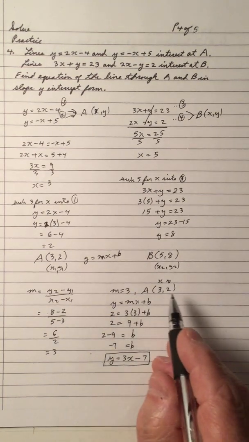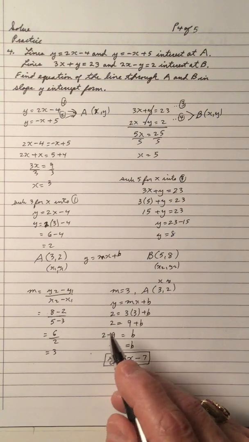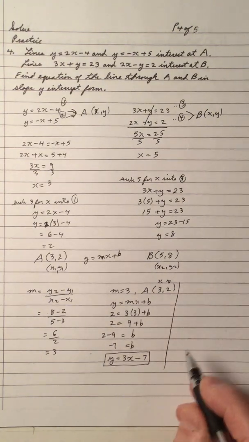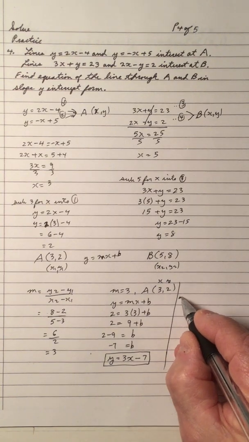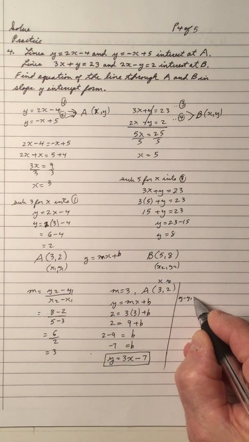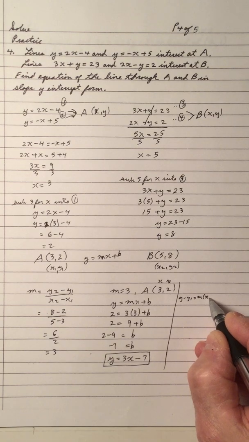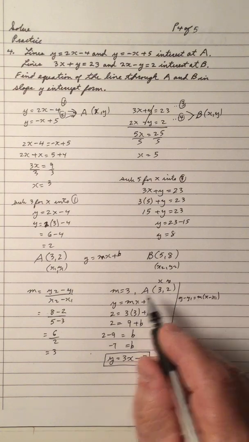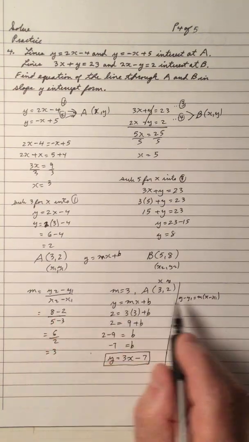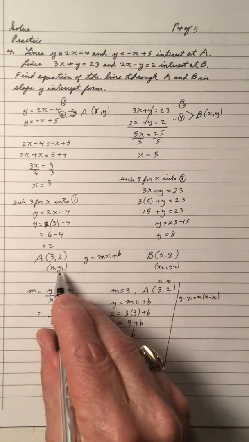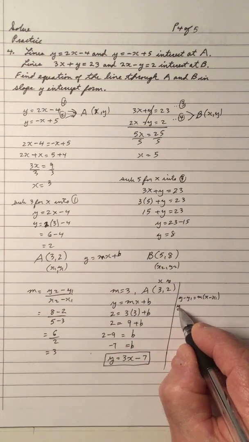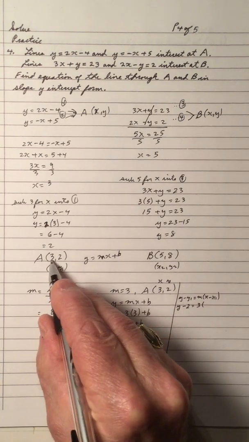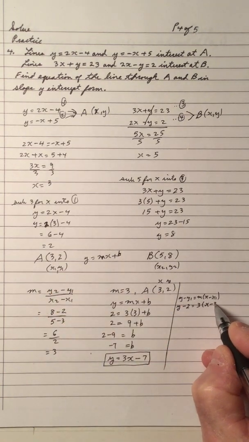If I want to, I could have plugged this into the point slope form and worked it out. Watch. I could have said y minus y1 equals m times x minus x1. This is the point slope form. Taking the same point, I go y minus 2 equals 3 times x minus 3.